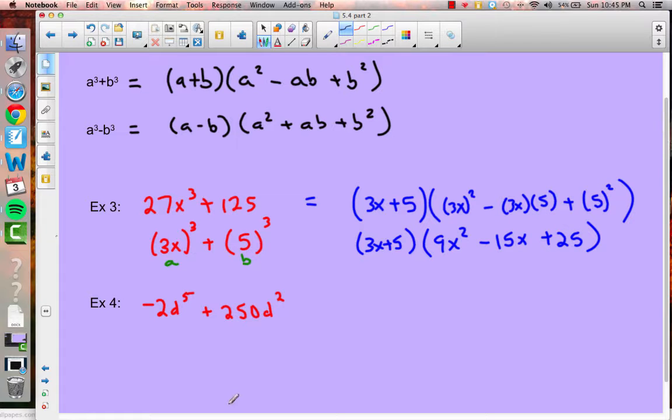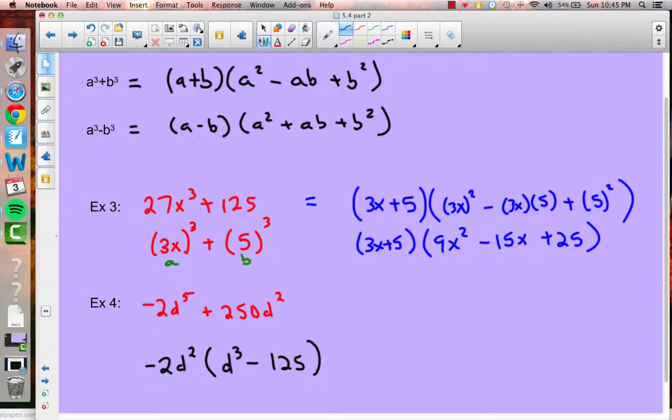Well, we can take out a negative 2, and we can take out a d squared. So I'm going to have negative 2d squared out in front. And what does that leave me left over? Well, I'm going to get d to the third. And then, because it's a negative, I'm going to change my sign here. And 250 divided by 2, that's 125. And I don't have any d's left.